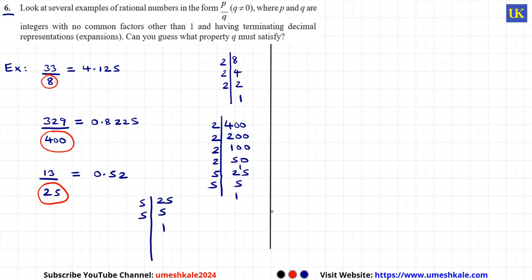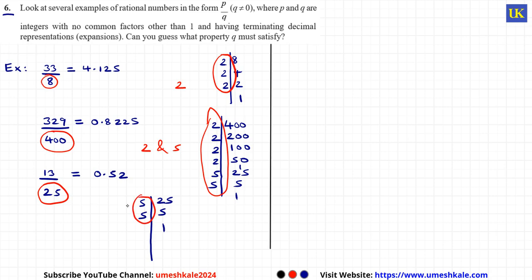Here, if we see, in the factors of 8, we have 2. In the factors of 400, we have 2 and we have 5.